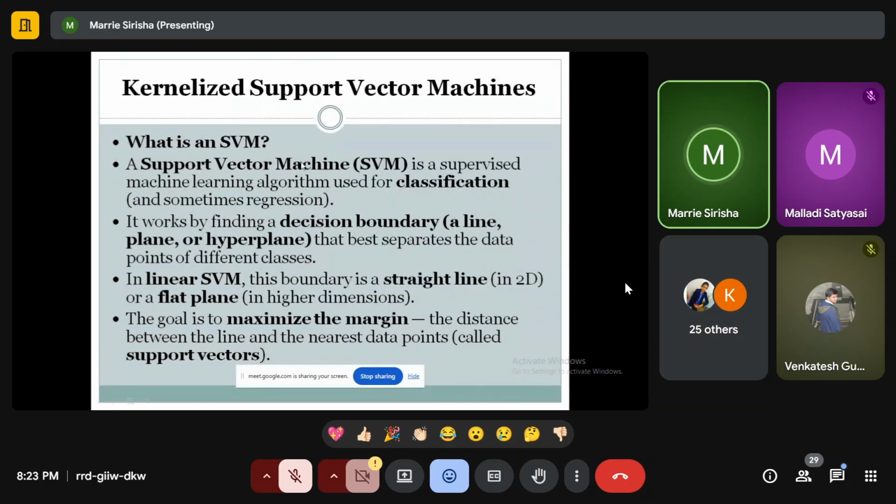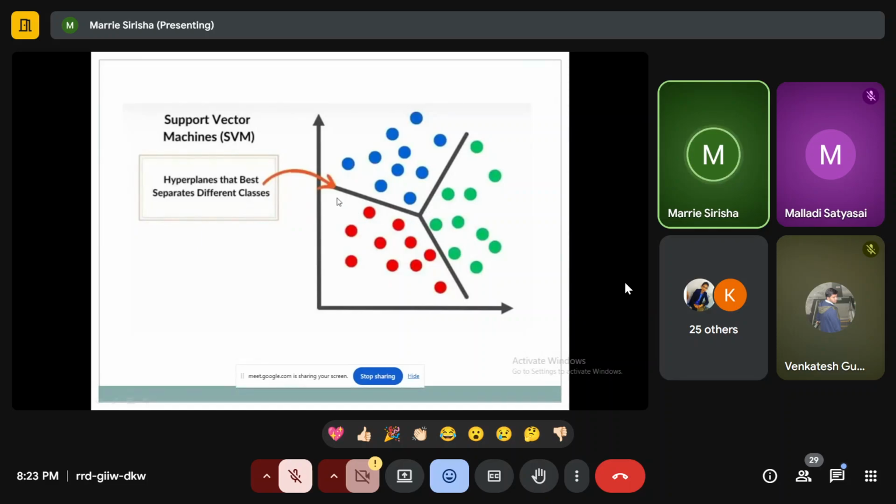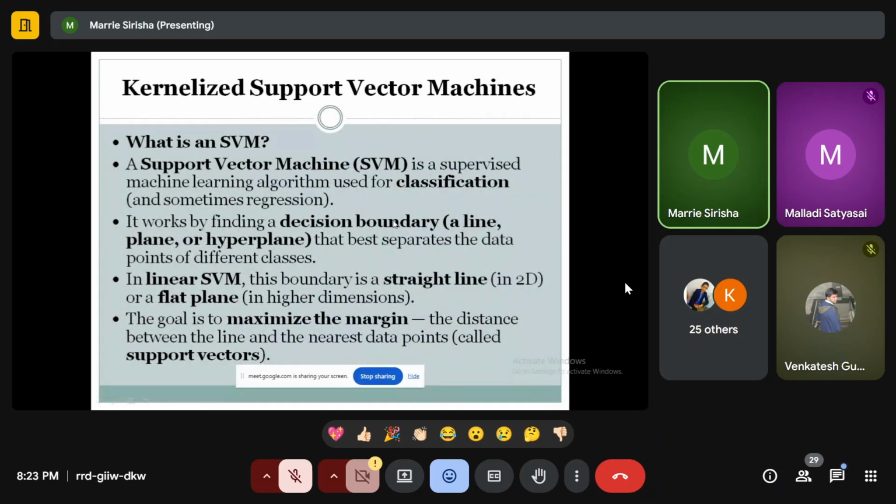Okay, this is what the definition tells. It works by finding a decision boundary. Decision boundary is nothing but a line. See, this is a line, or you can say it is a hyperplane, depending on the shape. So this is how it separates the data points of different classes.